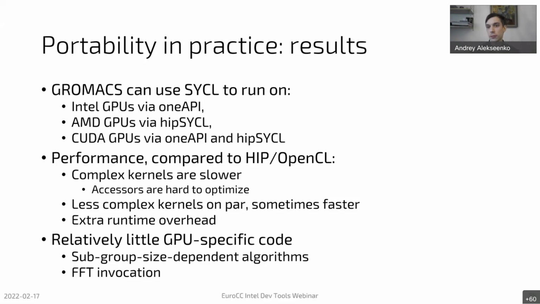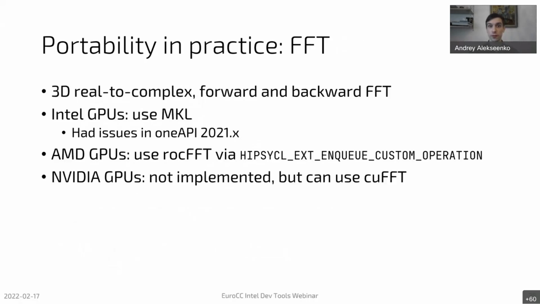And all that was achieved with very little GPU-specific code. We had some vendor-specific optimizations, mostly related to subgroup-level functionality. And we had to use different code paths for the FFT, because for Intel GPUs we could use MKL, which interacts nicely with DPC++.